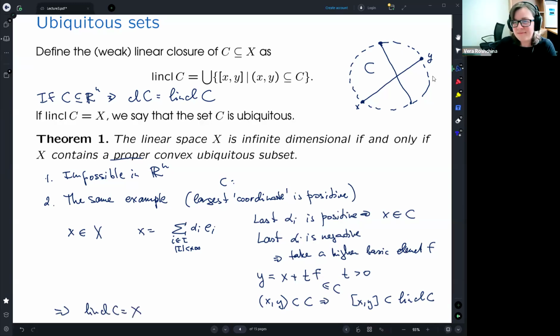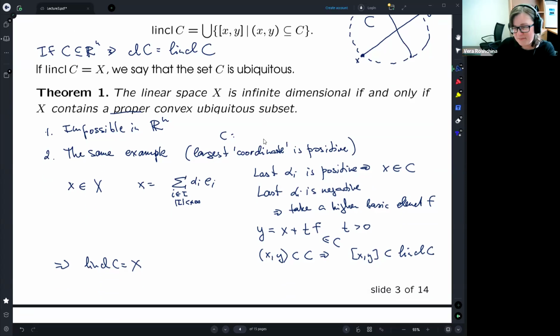I'm not really comfortable with these examples, but there will be other examples of similar things happening that are more constructive, because this is not constructive. I can't write down this basis. It's just existence from the axiom of choice.